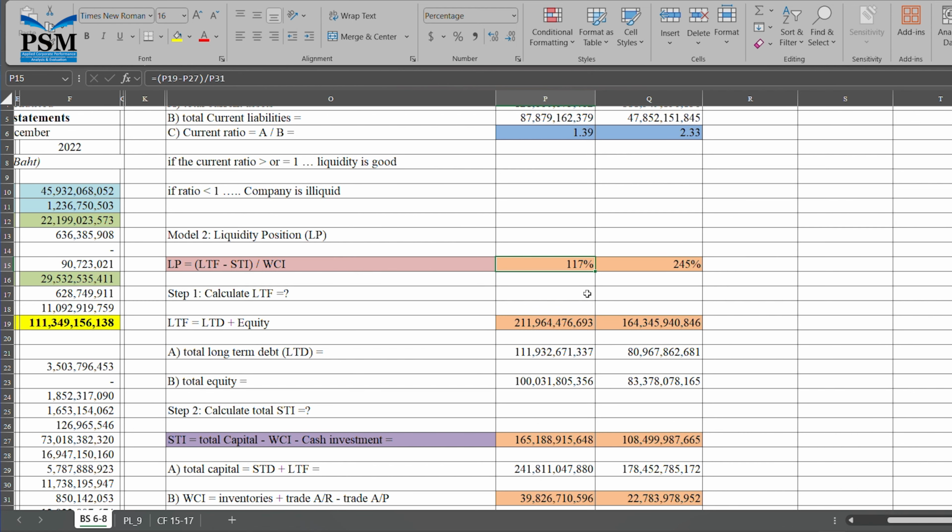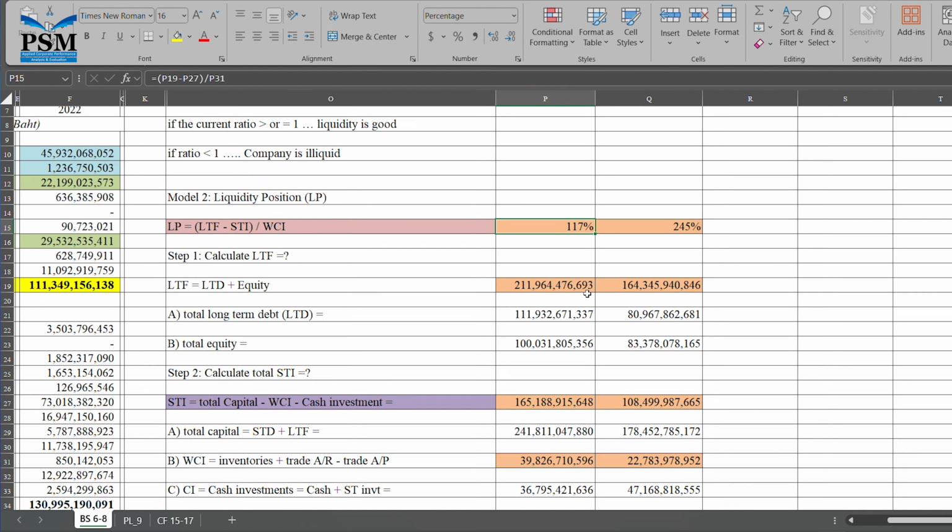The financing side is long-term, the investment side is short-term. Working capital are short-term investments in inventory and account receivables. The number is greater than 100% because the other 17% indicates that the company also used long-term funds for cash investments. Again, the trend is the same. The LP for 2023 is lower than the LP of 2022. Although the company is liquid, its ability to repay is declining.